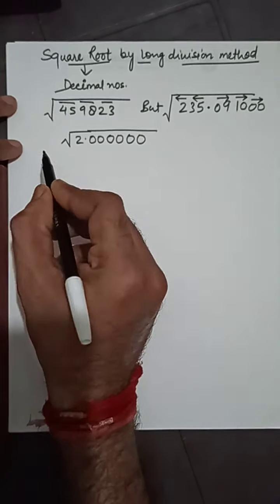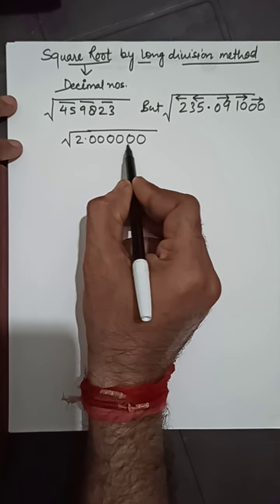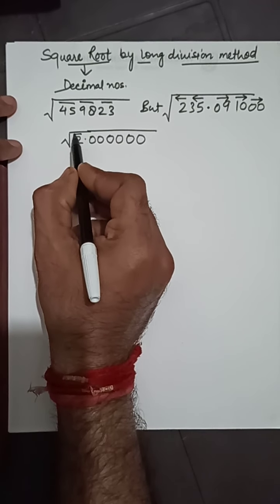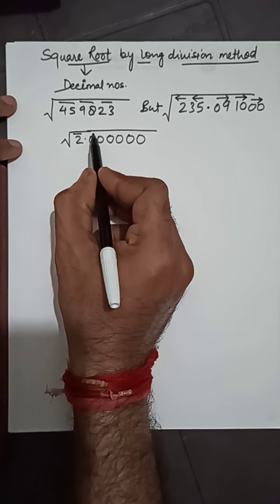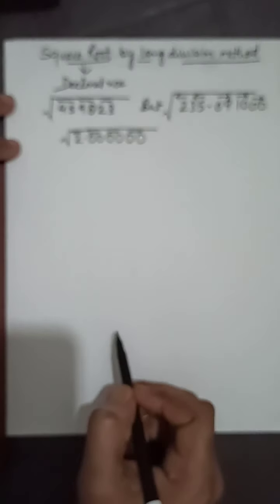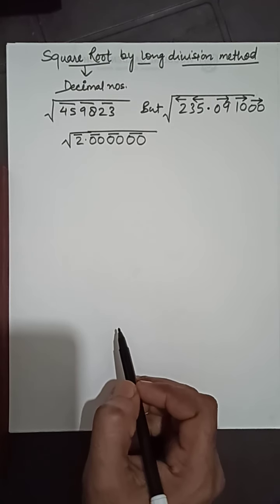Remember, after the decimal the number of digits must always be even. So you make one period before the decimal, and after the decimal one period, another period, and one more period. This is the most important part, which you have to remember.